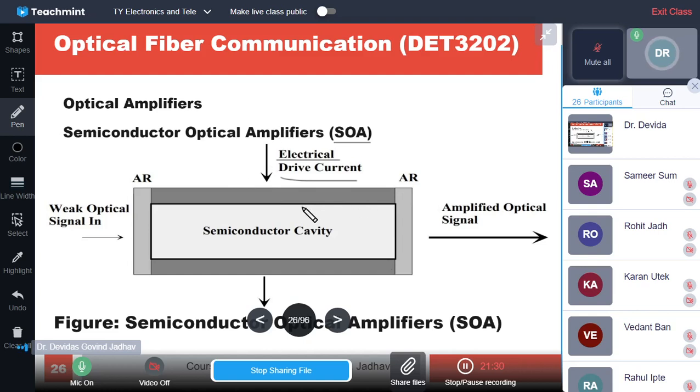Here the electrical drive current is used as a pump, which pumps energy into the material, and the material goes into population inversion, with a very large number of atoms in the high energy state. Anti-reflective coatings are provided so that the weak optical signal can be coupled from the fiber to the cavity and from the cavity to the next fiber. And this is the working of the optical amplifiers.